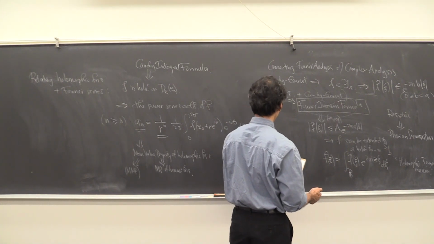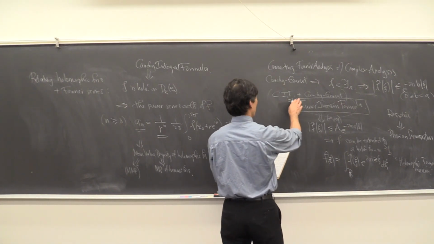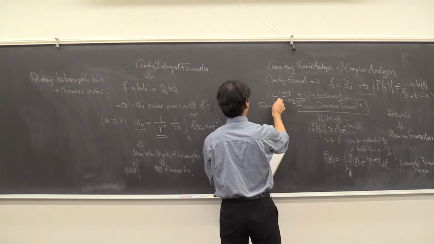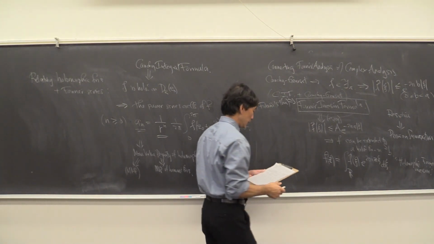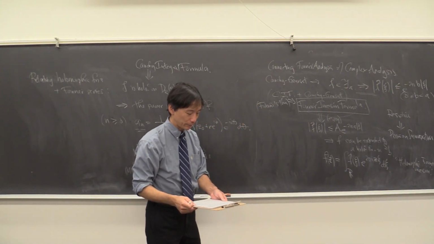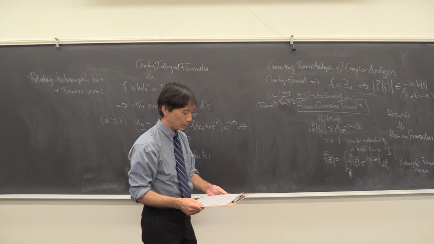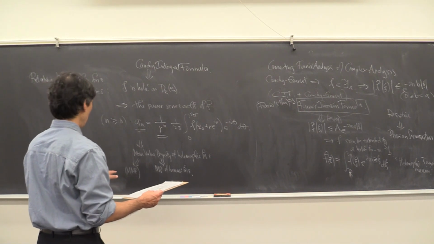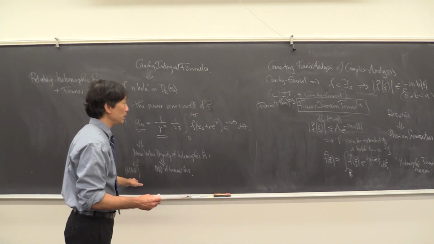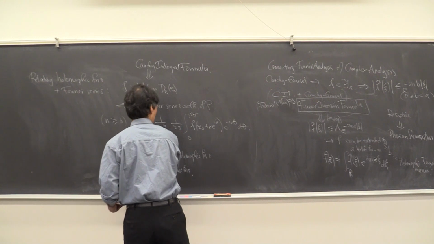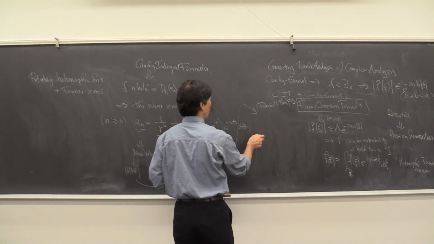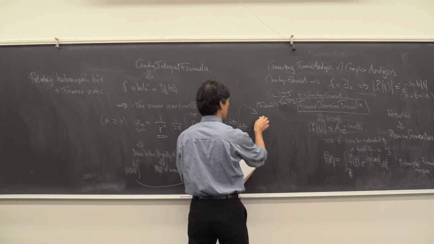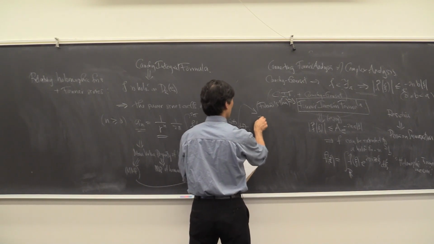The Fourier inversion formula comes from Cauchy-Goursat and also Fubini's theorem. We did need to invoke Fubini's theorem. Okay. So the maximum modulus principle can be used to give us Phragmen-Lindelof.